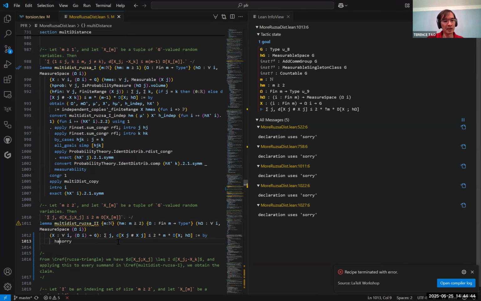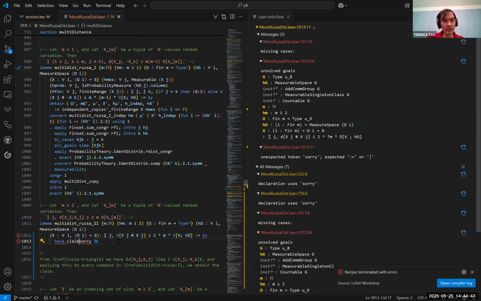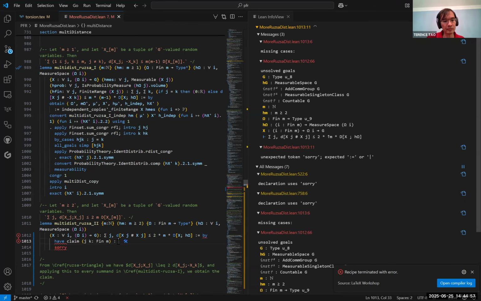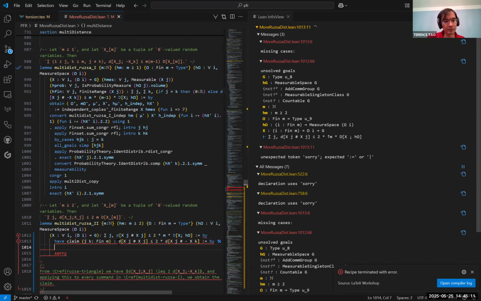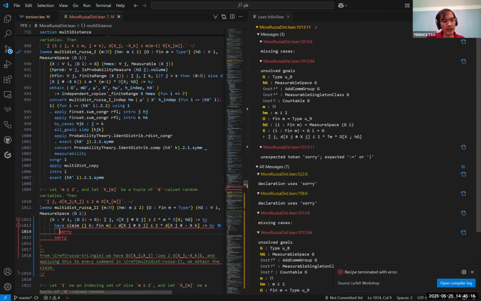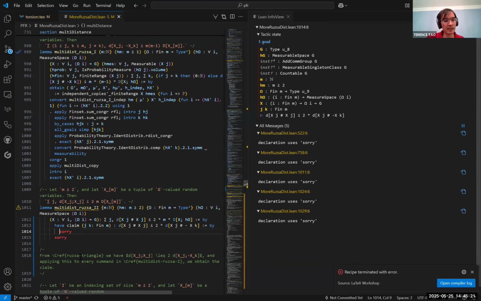We're going to have a claim that for all j and k from 0 to m minus 1, I want to show that the distance between xj and xj is bounded by 2 times the distance between xj and minus xk. Okay, that's going to be our first step, and that's using a previous tool, which is listed here as Ruzsa triangle.